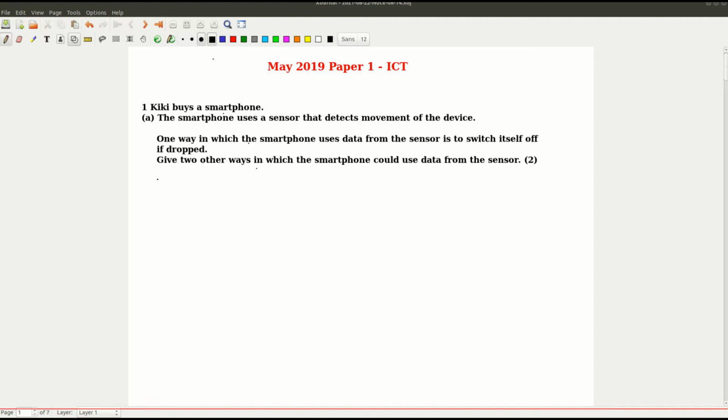So the first one is, there are so many apps which can track our moving steps, right?